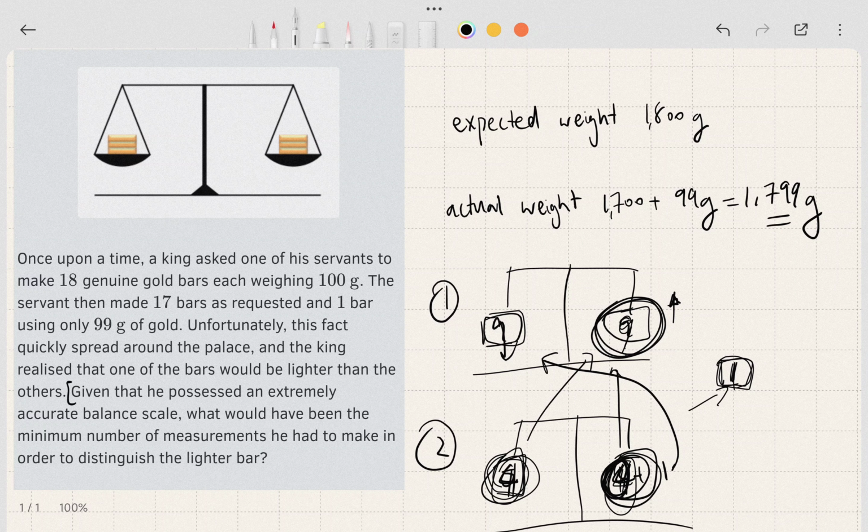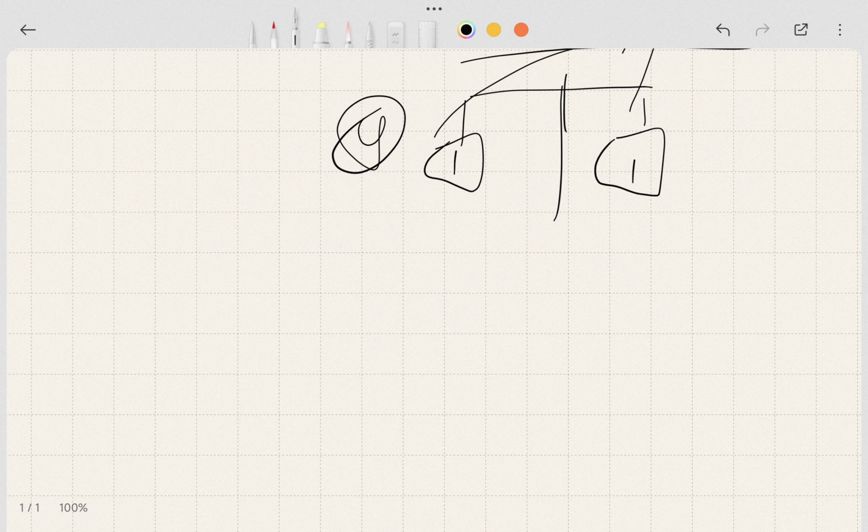What would have been the minimum number of measurements he had to make in order to distinguish the lighter bar? So essentially, in this scenario you have a balance and 18 bars. How many measurements will it take to figure out which one out of the 18 bars is defective, which means lighter?